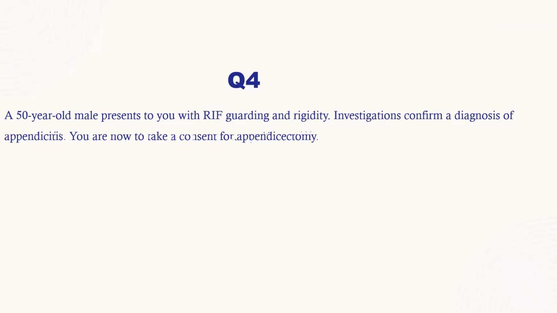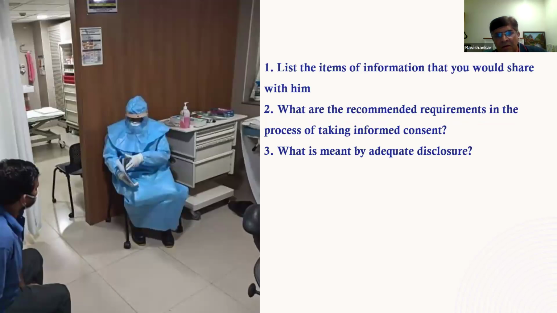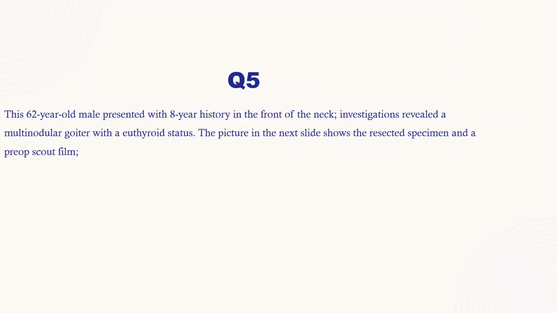Okay. Next question. So this we have already covered. Consent: you have to tell them the diagnosis and what the diagnosis means. You have to tell them the treatment options available.